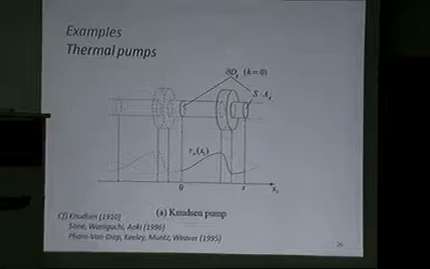Here is an example that is intensively studied in our group. It is called the Knudsen pump. A usual vacuum pump has a mechanical system to evacuate the air in some chamber.